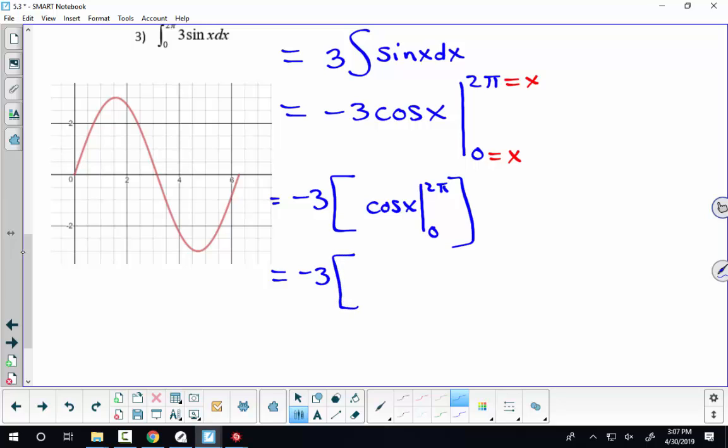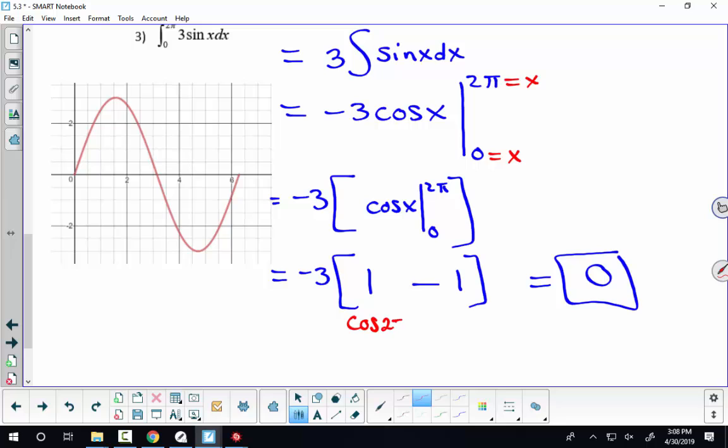What's the cosine of 2 pi? Just 1. Minus the cosine evaluated at 0. Cosine of 0 is also 1. So this is 0.